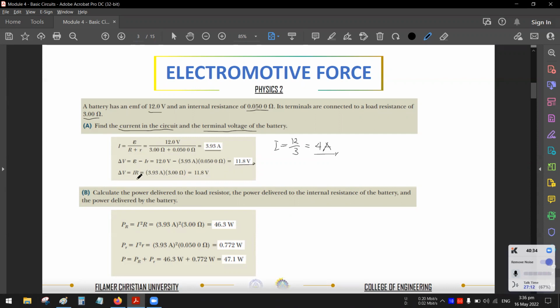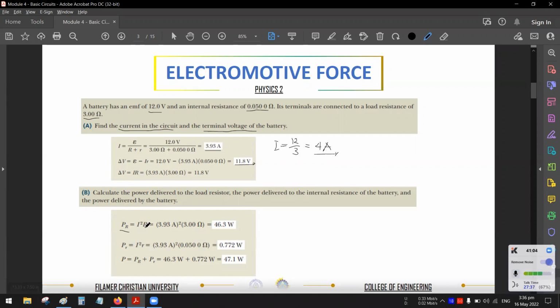Now, obviously, the same din siya, no? With the use of the current times the load. So, the same lang din. Okay, so you have 11.8 volts for the terminal voltage of the battery. Then next, calculate the power delivered to the resistor. Okay, so power for the resistor. So this is in terms of the load resistor.